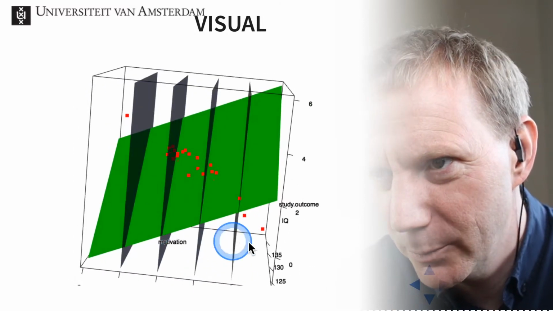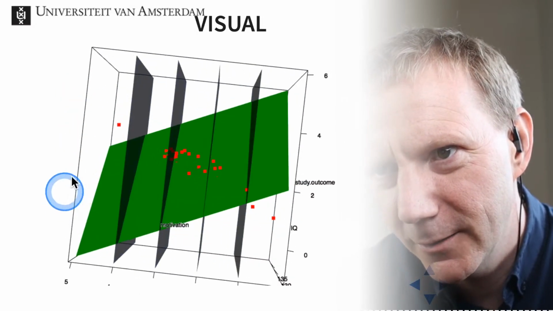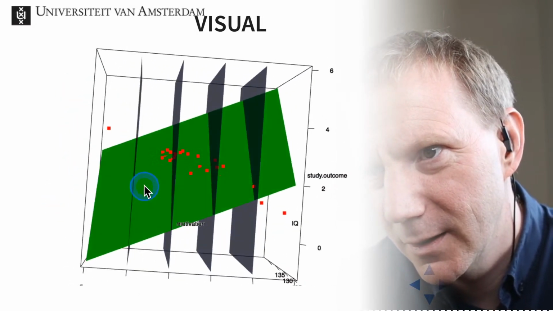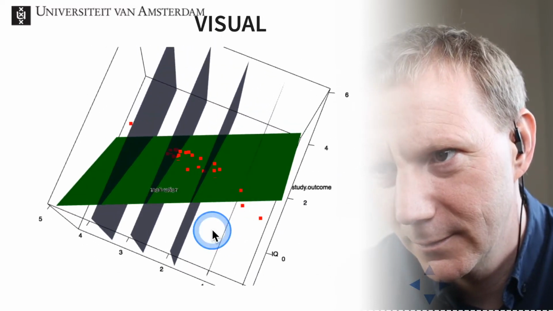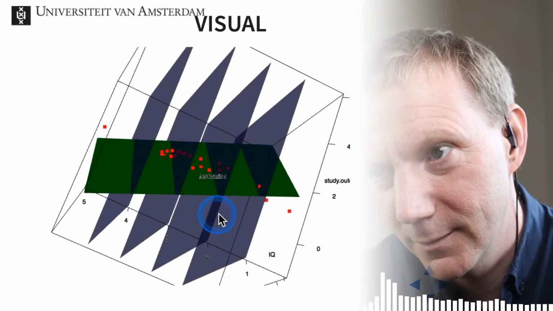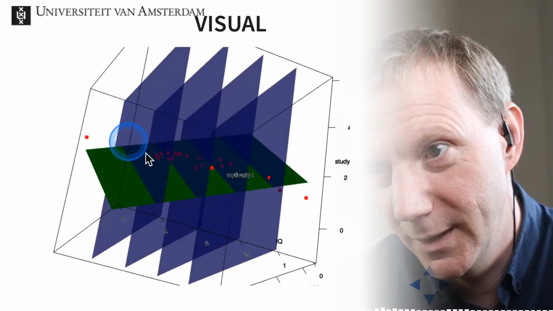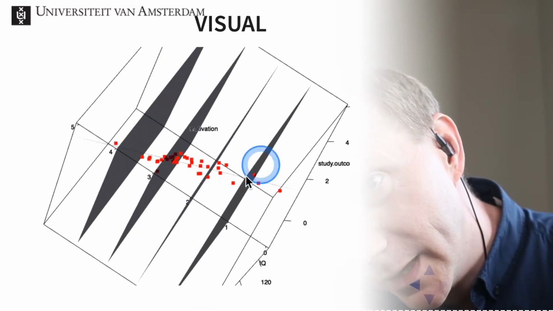If I asked you, you see this plot, what is the unexplained variance here? The distance between the red dots and the green thing? Yeah, exactly. The distance between the red dots and the green plane.